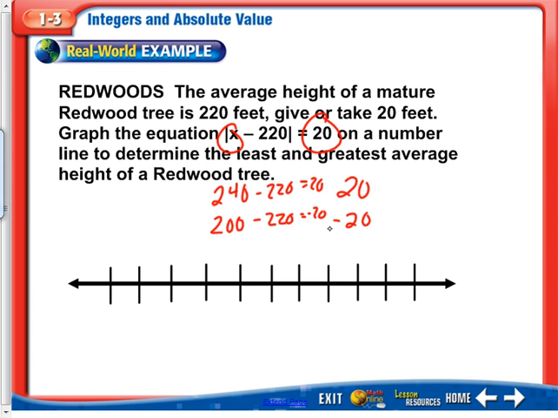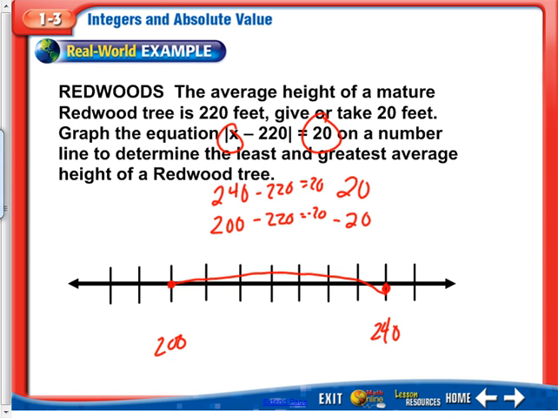So my number line here, on this end, I'm going to put 240, okay, right in here. And then down here, I'm going to put 200. Okay, and actually, x can be anywhere from here to here.